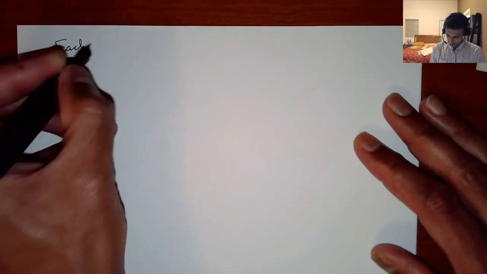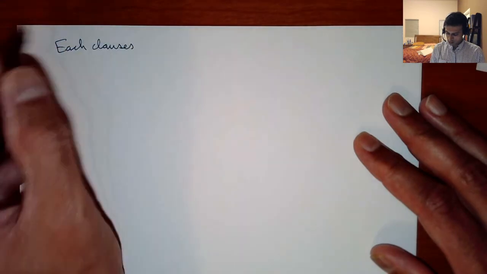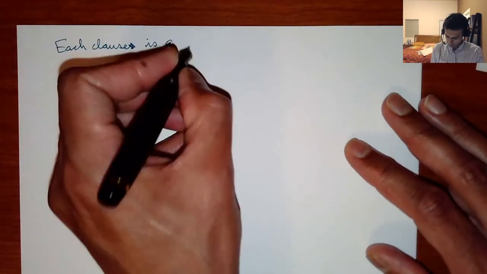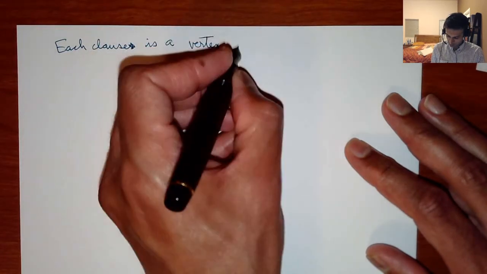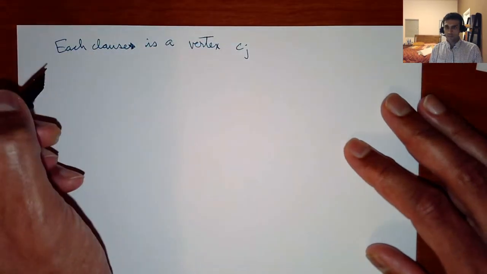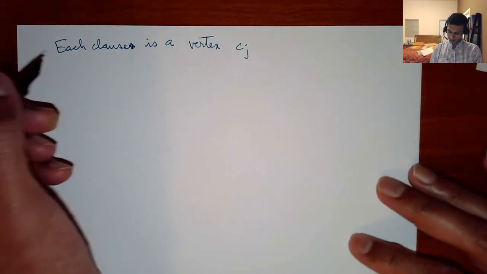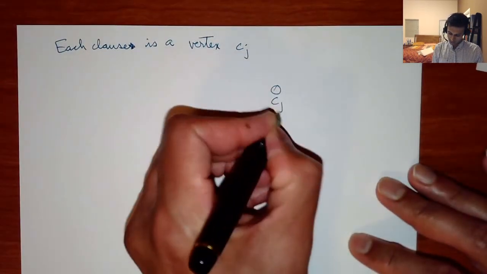Now what you do for each clause is clever. Each clause is a vertex that I will call Cj. So there are m clauses, and each of those is going to be a vertex Cj.